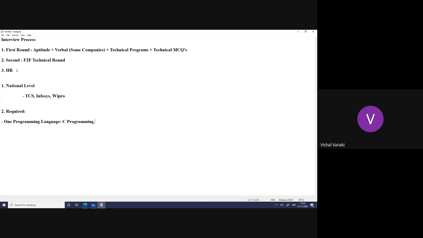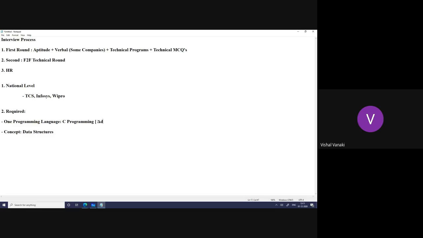That is one language. Along with that, one more concept is required: data structures. These are very essential for placements. In C programming, your basics should be very strong.